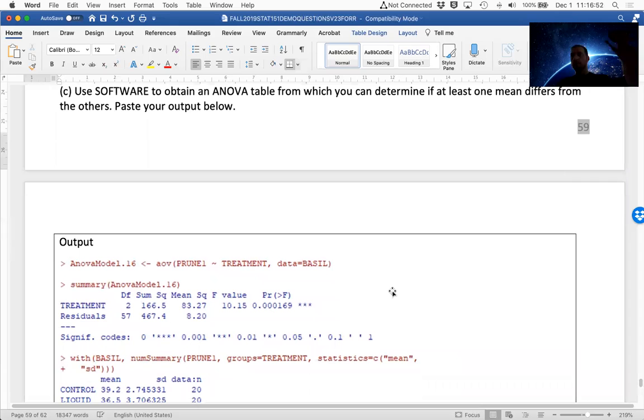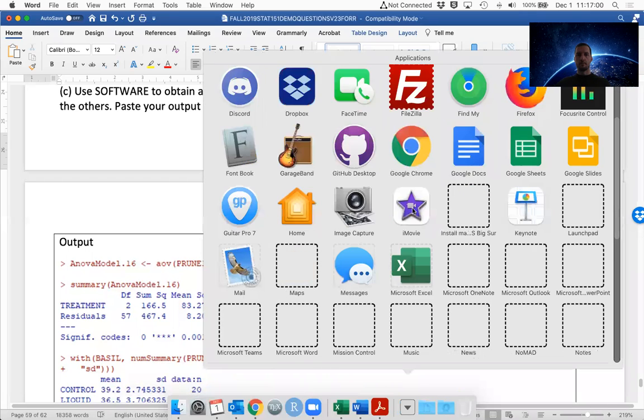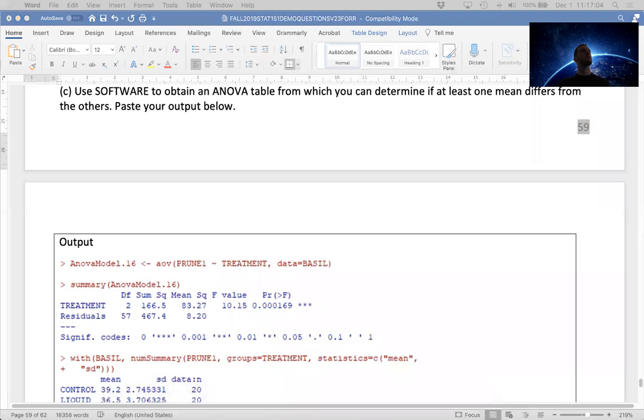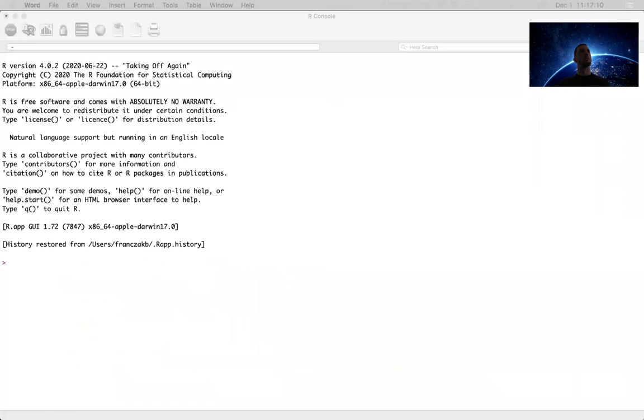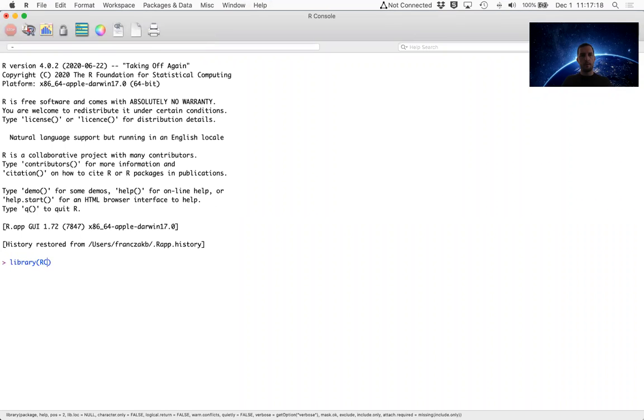Okay, so let's go through this again because this is probably the most important part of what we're doing. So we're going to start by opening up R. Okay, and then we're going to open up library RCMDR.